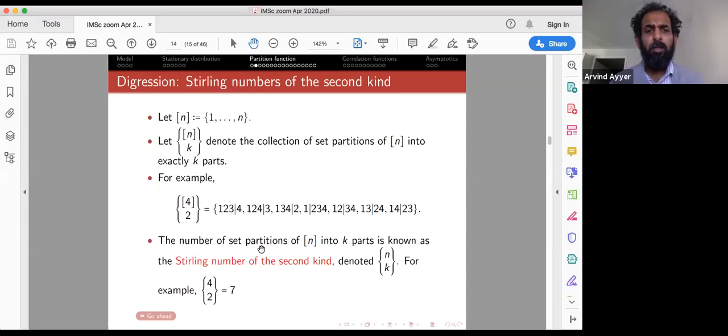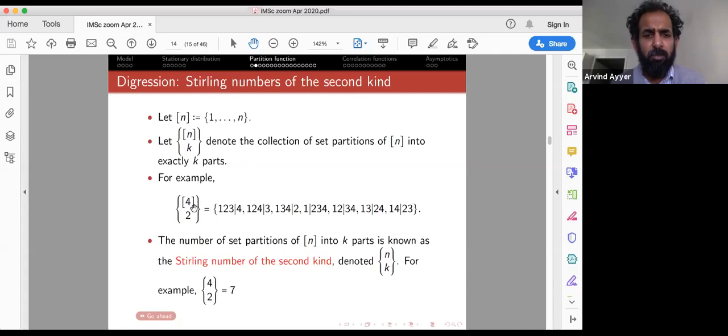So I'll recall Stirling numbers for those of you who are not combinatorialists. Let box n be the set 1 through n, and let box n set k be the collection of set partitions of 1 through n into exactly k parts. Recall that a set partition is a collection of subsets which are pairwise disjoint and whose union is the entire set.